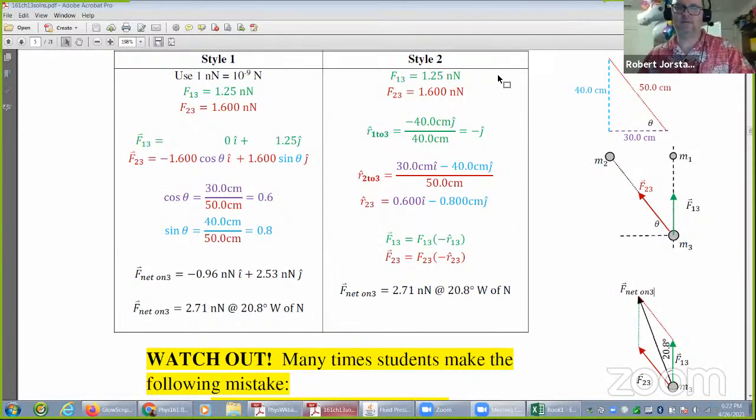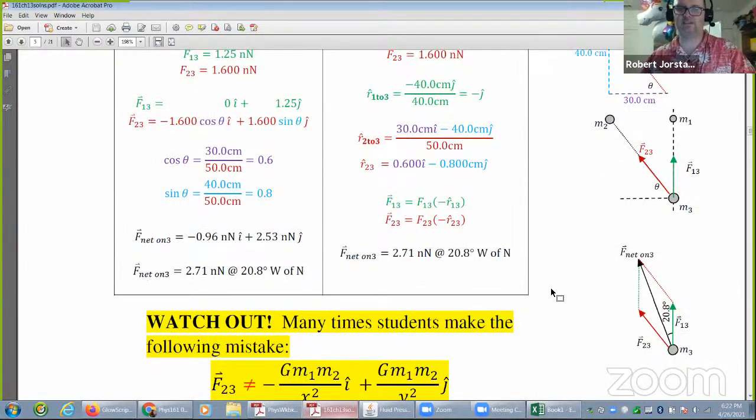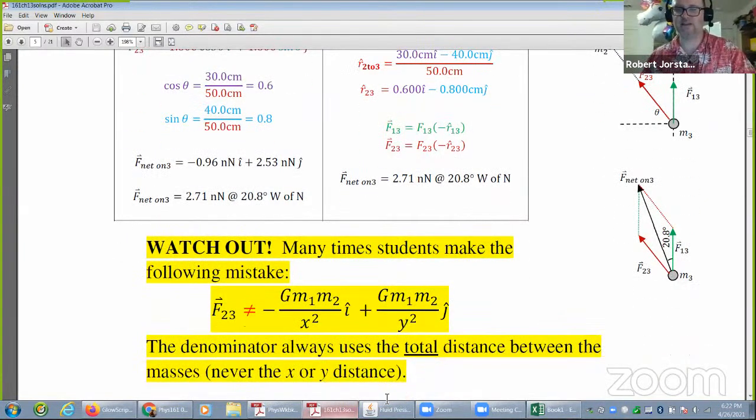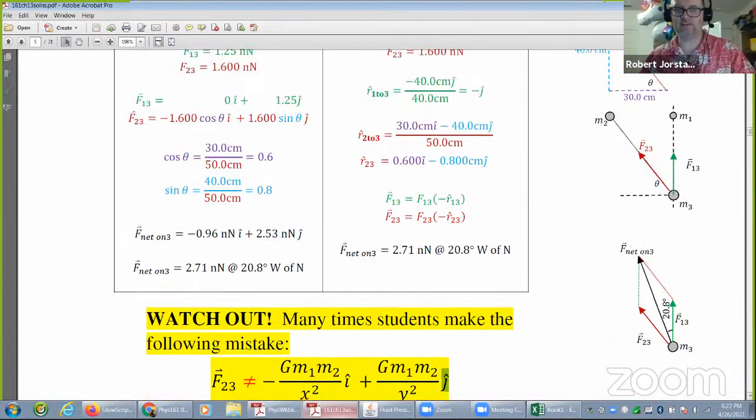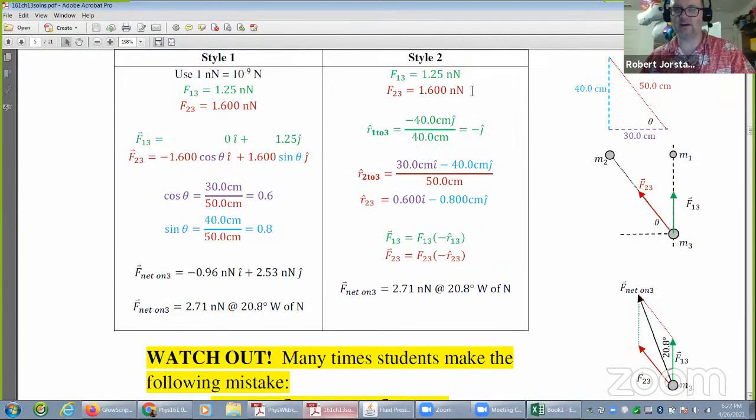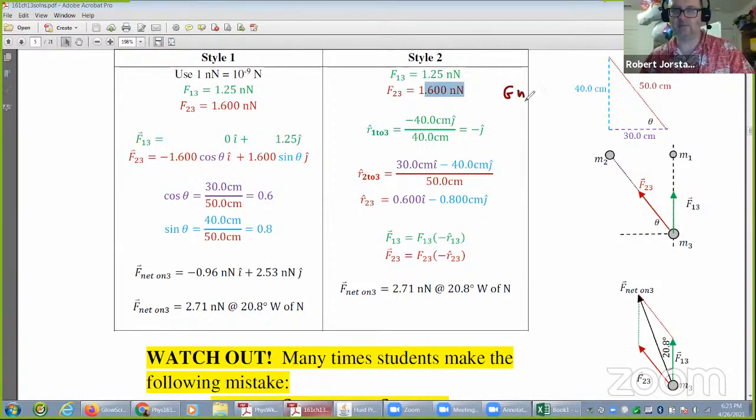Now, the most common mistake I've seen that drives me nuts is students try to put x squared on the i hat and y squared on the j hat. That doesn't work. The key here is you get the magnitude using the R vector, right? You always get G M over R squared.